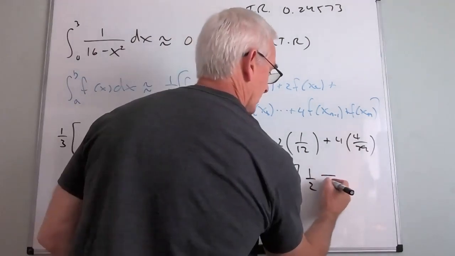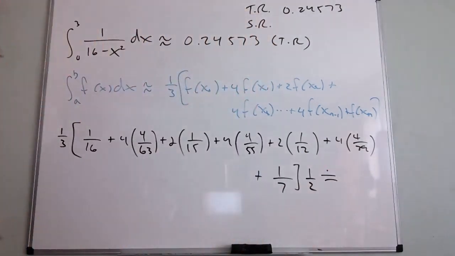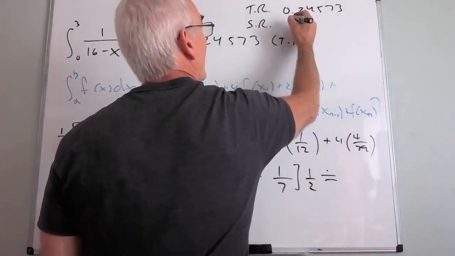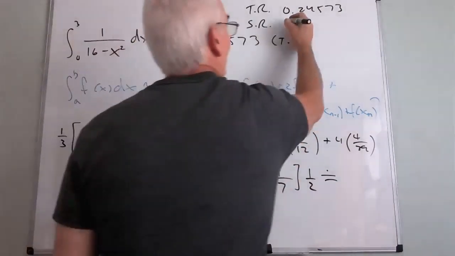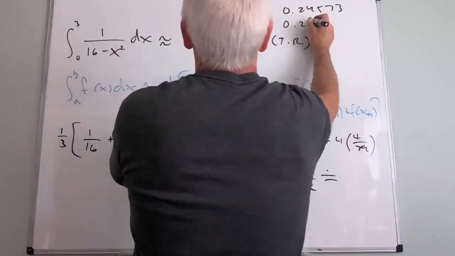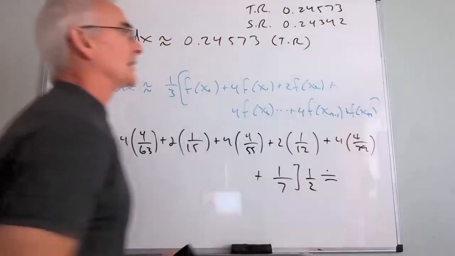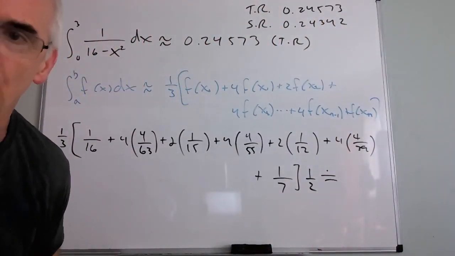So when I'm doing this calculation, I'm doing a decimal here. Okay, I got it now. I did times 1/2 times 1/2, not 1/3. It's 0.243. All right, so I'm going to give you a little bit more, 3, 4. If I go 5 places, I'm doing that so we can see where they differ.